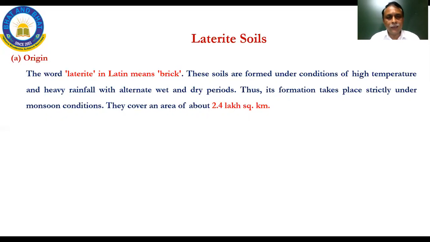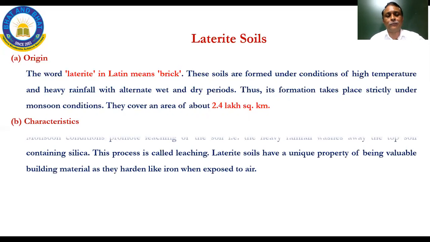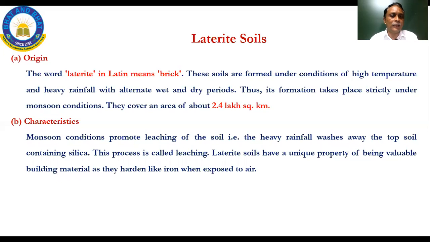Of course, that is a non-agricultural use, but it is used extensively for that. People who are from that area would have seen this. They cover an area of about 2.4 lakh square kilometer. Now, characteristics: monsoon conditions promote leaching of the soil. That is, the heavy rainfall washes away the topsoil containing silica. This process is called leaching.